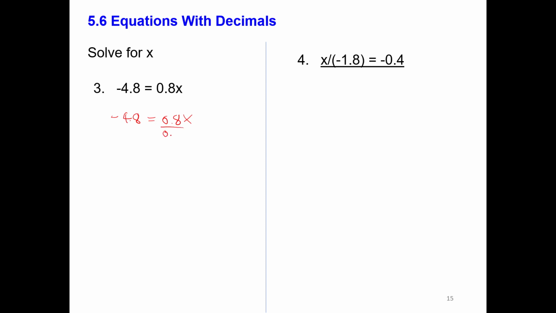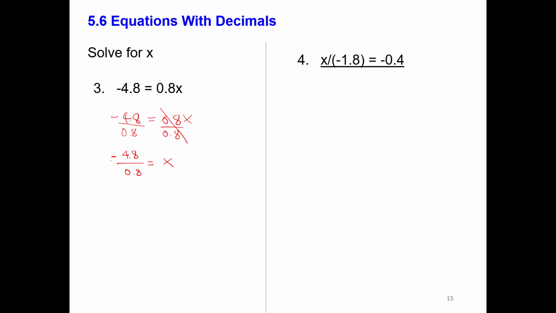Then we divide by 0.8 here, and we divide by 0.8 here. This cancels out, and then we have negative 4.8 divided by 0.8 equals x. We need to divide these decimals to get the answer.